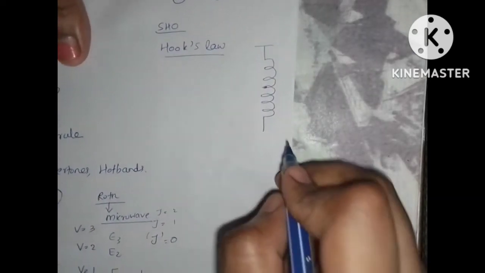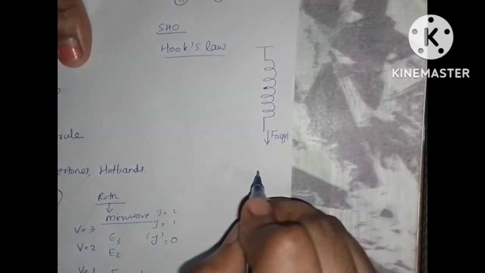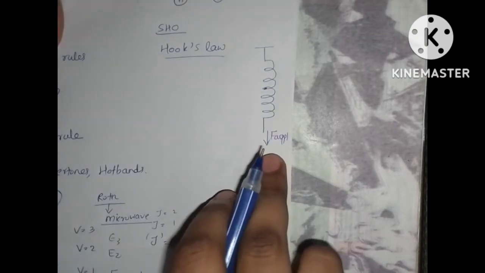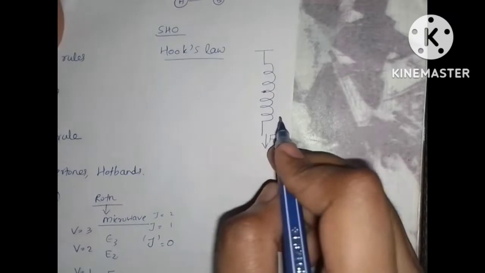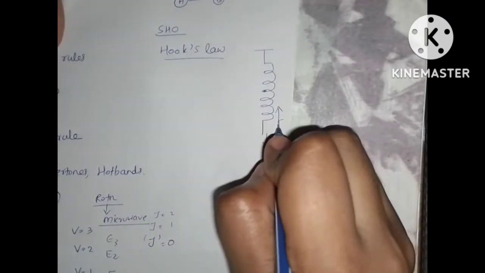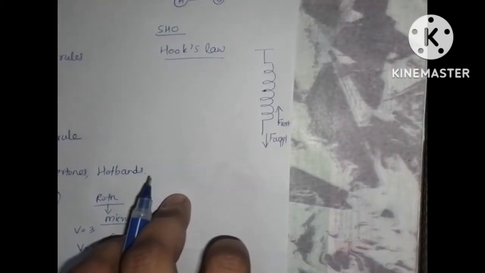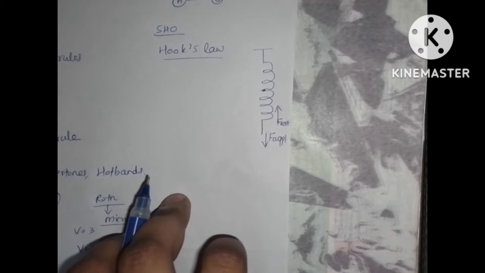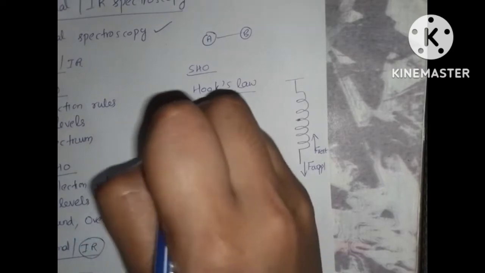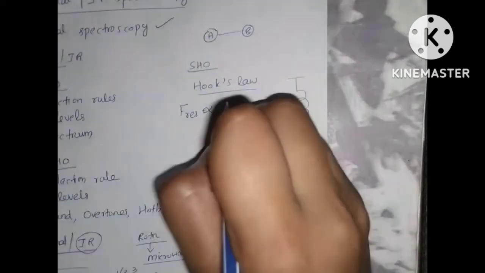When we apply some force F applied in this direction, according to Hooke's law, a force corresponding to this applied force is developed in the spring in the opposite direction, which is known as the restoring force F restoring, which causes the spring to go back into its original position after stretching. According to Hooke's law, the restoring force is proportional to the displacement x.